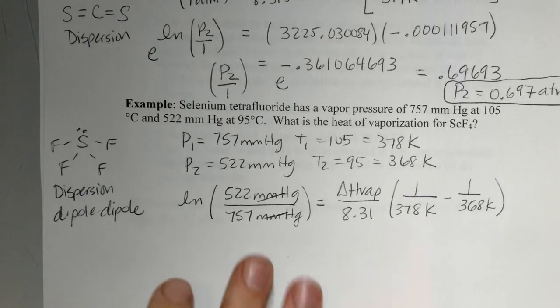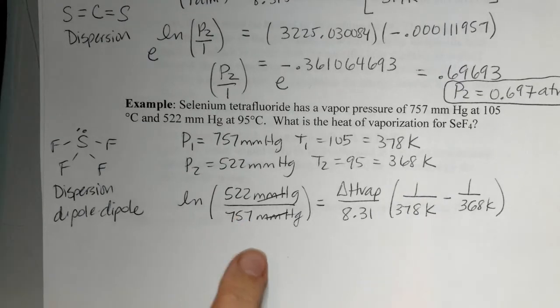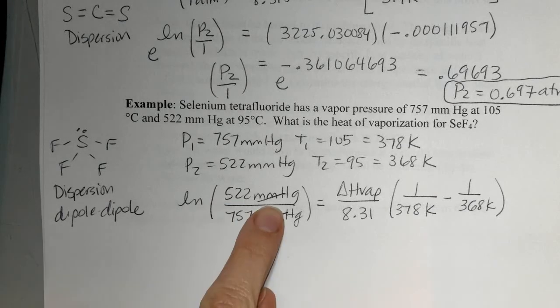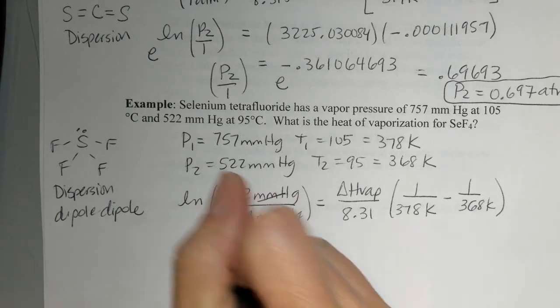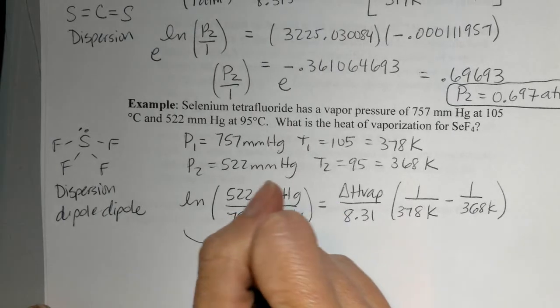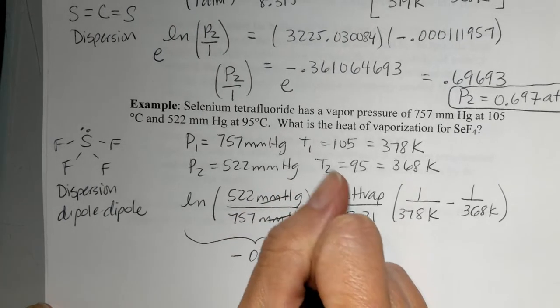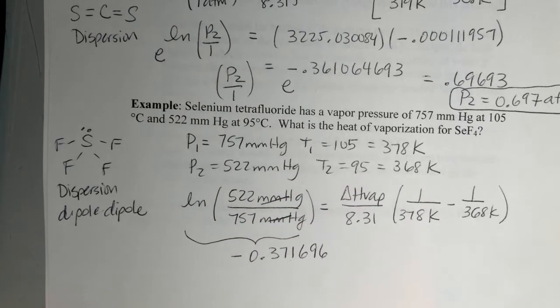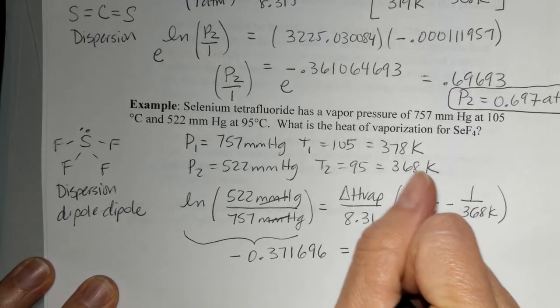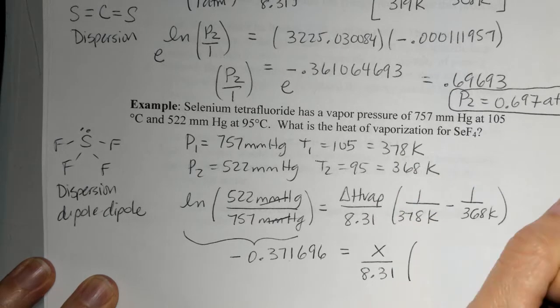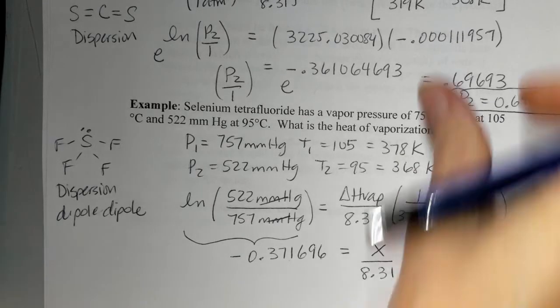Because I have my P1 and P2, I'm going to go ahead and solve here. So I'm going to take the 522, divide that by 757, and then hit the natural log key. So this answer right here gives me negative 0.371696. That'll be equal to x over 8.31, and then let me go ahead and get the temperature differential.